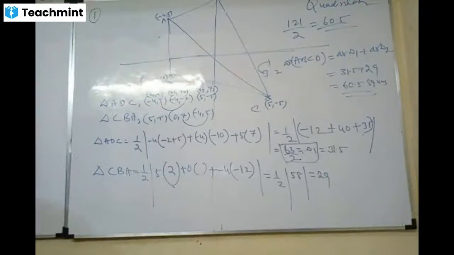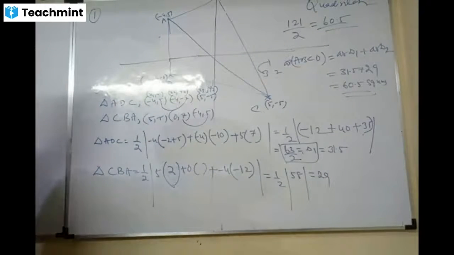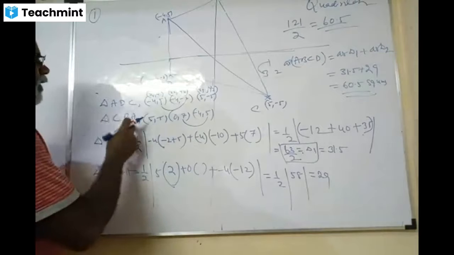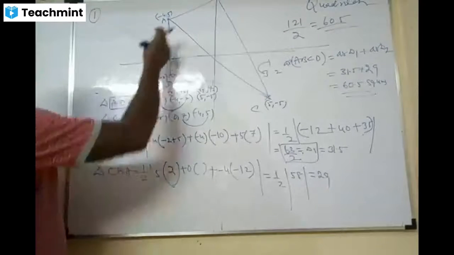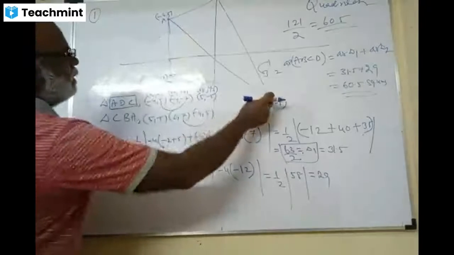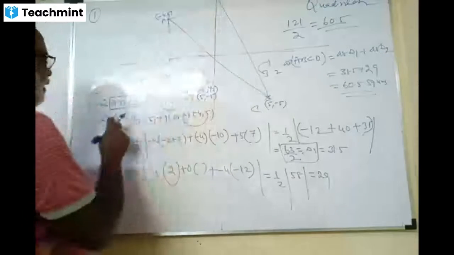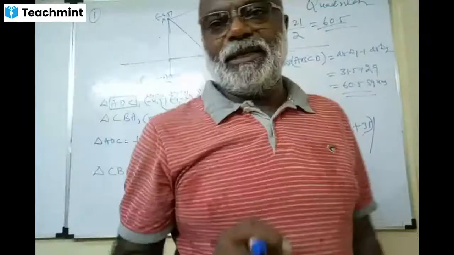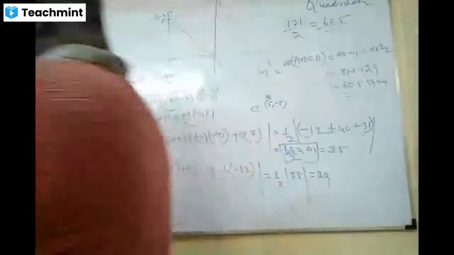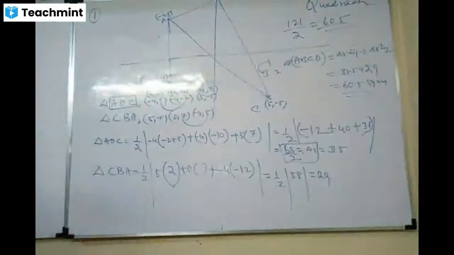Fantastic answer. See, ADC, CBA: whatever order you take for the coordinates, you must follow the same order. Similarly, you take CBA, and you should take the coordinates in the same order.